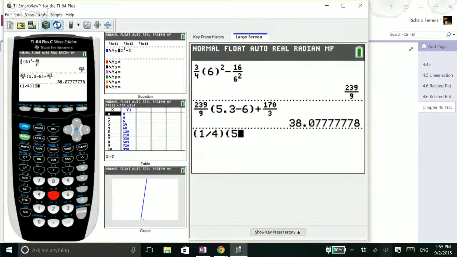Cubed. Plus, what was that, 16 over 5.3? Actual value right there, 40.238.